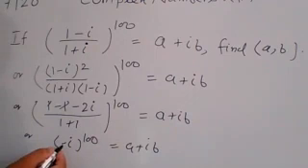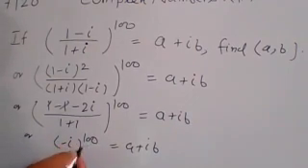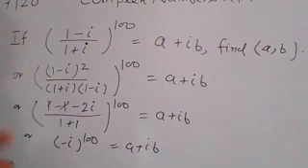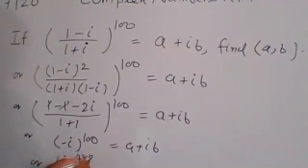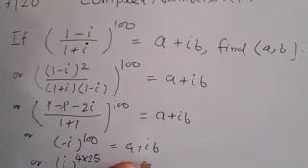Now minus 1 to the power of any even number is what? Minus 1 to the power of an even number is 1. So here you have only i to the power 100. And how do you find the value of i to the power 100? So i to the power 100 can be written as i to the power 4 into 25, is equal to a plus ib.